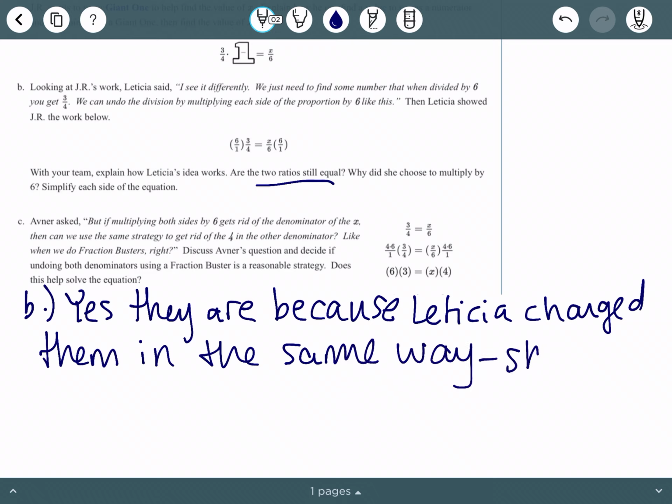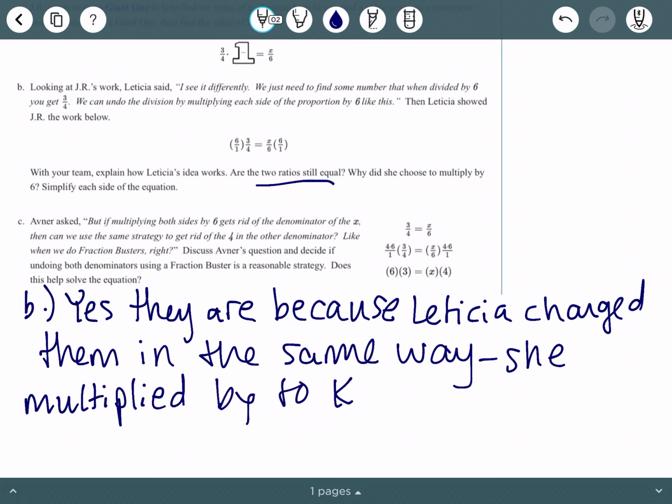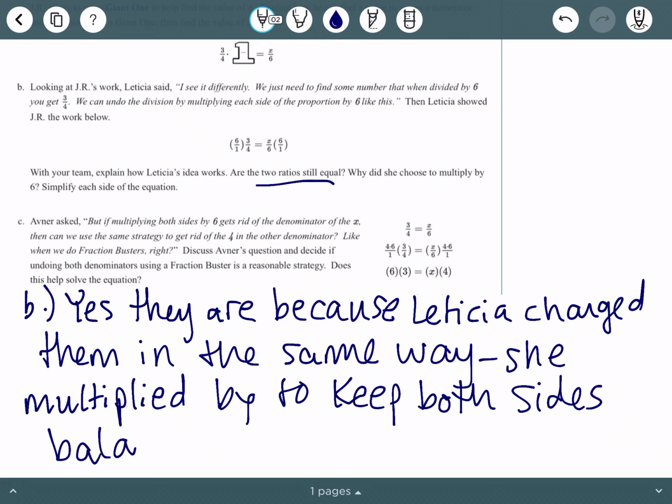She multiplied by 6 to keep the sides balanced. So yes, the ratios are still equal in this case.